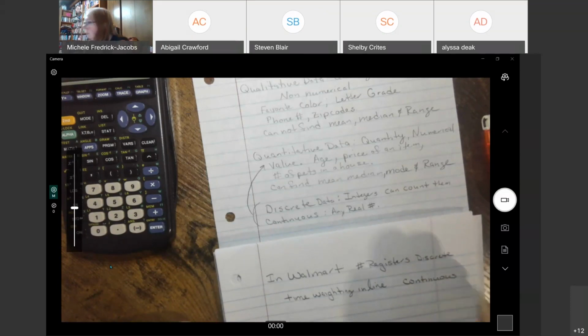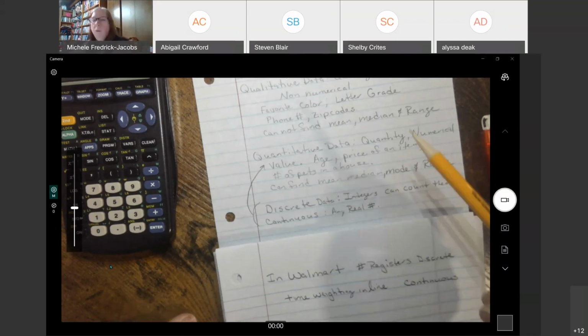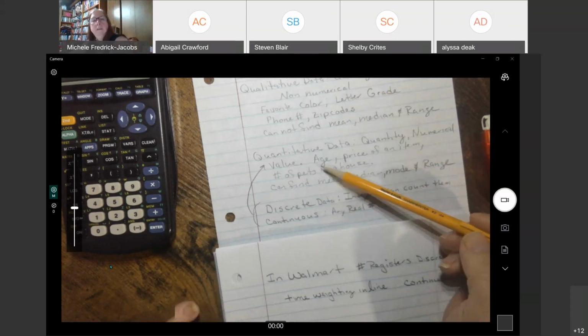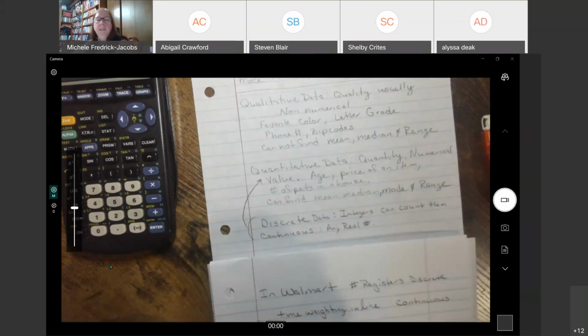The most common one is time. Weight could also be, time, weight. I think those are the 2 most common. Any questions in the difference between qualitative and quantitative, and discrete and continuous?